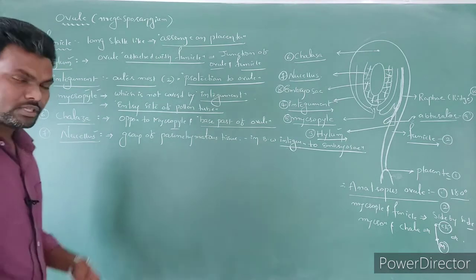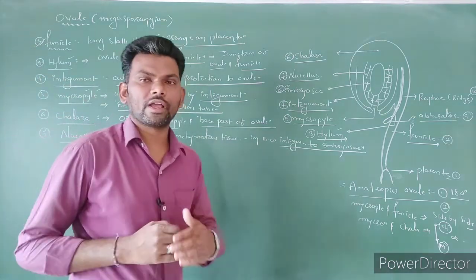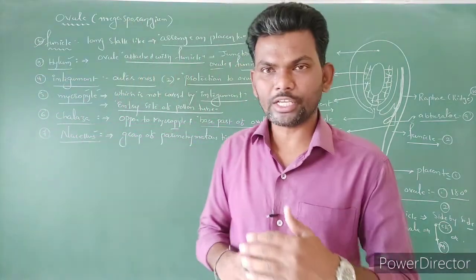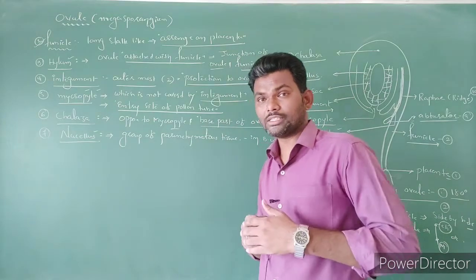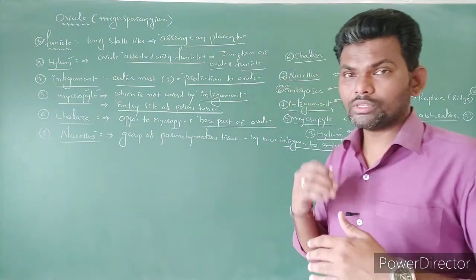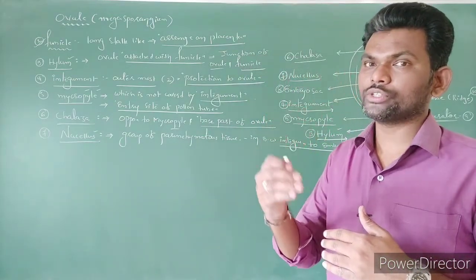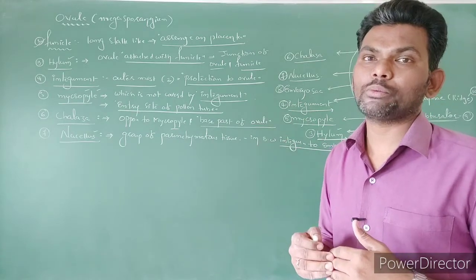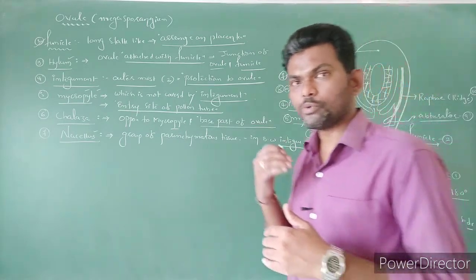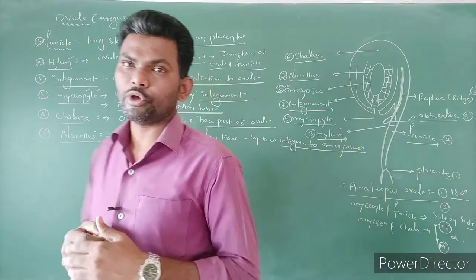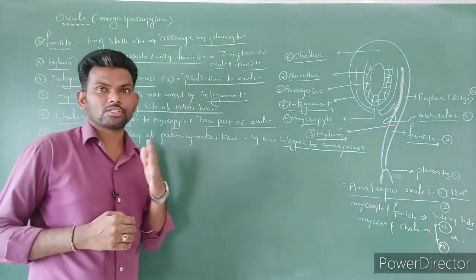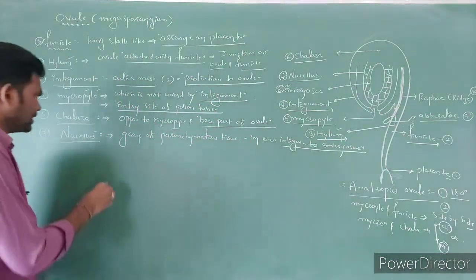Nucellus. One of the nucellus cells is going to become the archesporial cells, which become sporogenous tissue. One of the sporogenous cells is going to act as the megaspore mother cell. This megaspore mother cell undergoes meiotic division and produces megaspores. So what you have to write here?